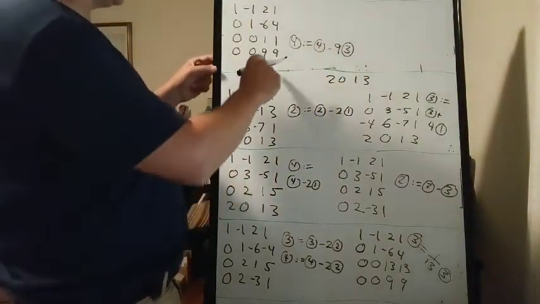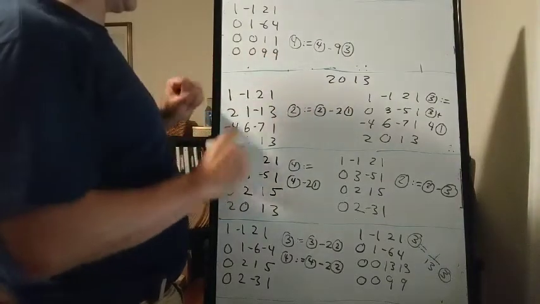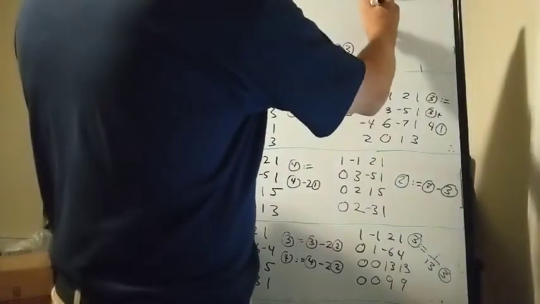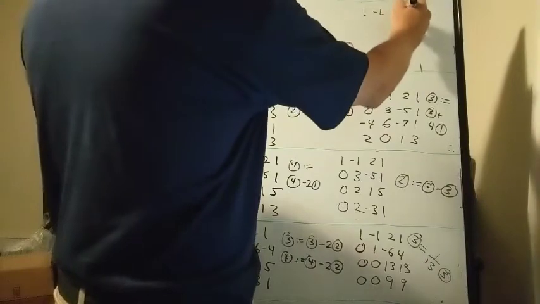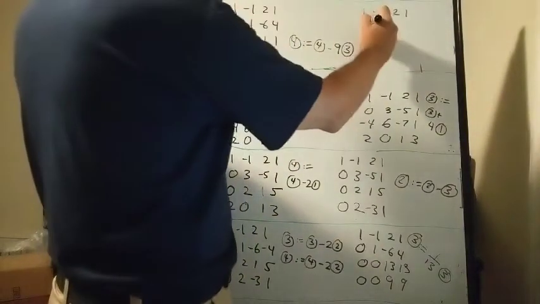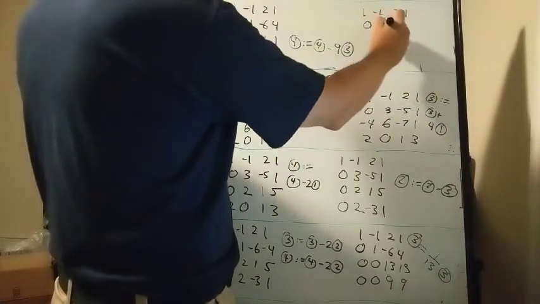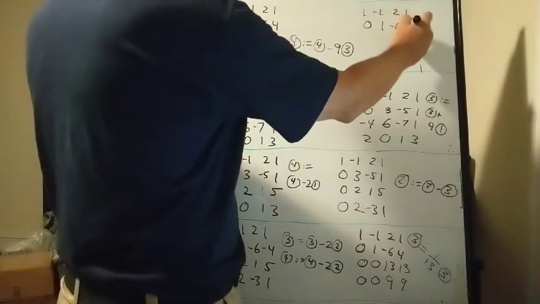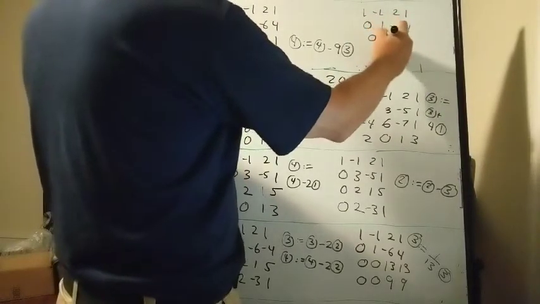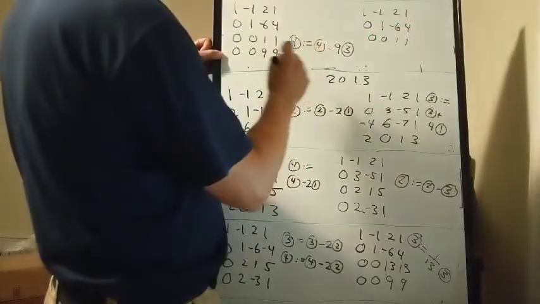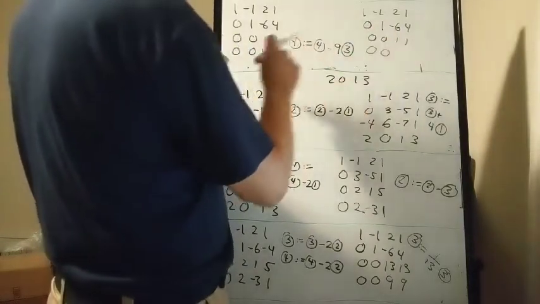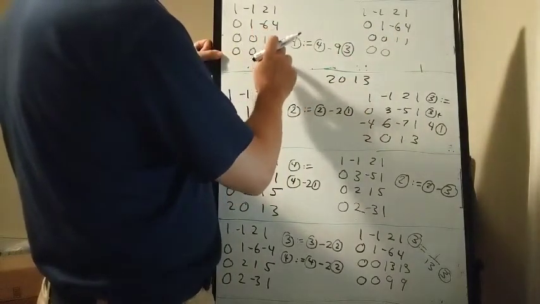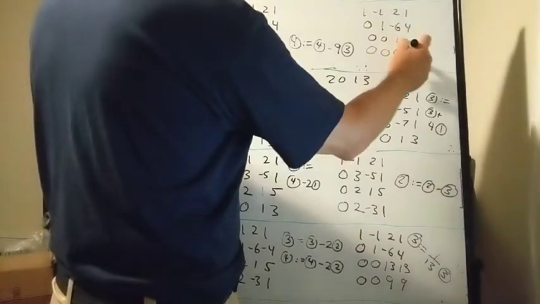Now while I do that, I'm going to get zeros in both of these positions, but that's okay. So 1, -1, 2, 1, because the first row doesn't change, second row doesn't change, 0, 1, -6, 4. Third row doesn't change. And then the fourth row becomes 0, 0, 9 minus 9 ones, 9 minus 9 ones, which are both 0 and 0.